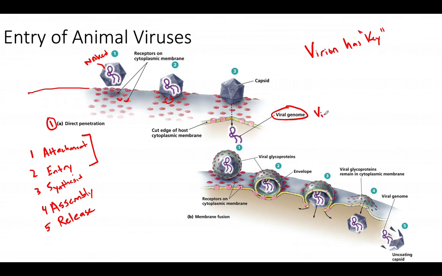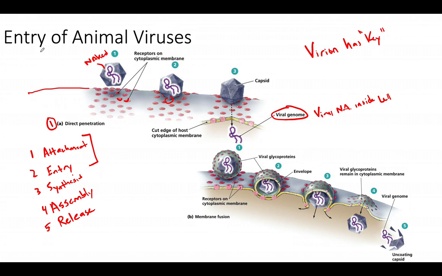So virus nucleic acid inside cell is what we can say. And so that's what direct penetration can allow a virus to do. So some viruses utilize this mechanism of entry.